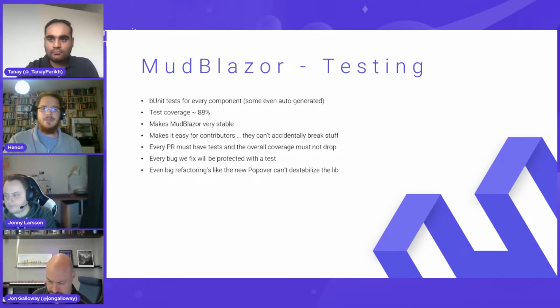And it just makes the library very stable because source code, especially in an open source project, is always in flux, and there's always someone who is adding stuff or changing stuff, and it wouldn't be manageable without tests. So it makes it also very easy for contributors.